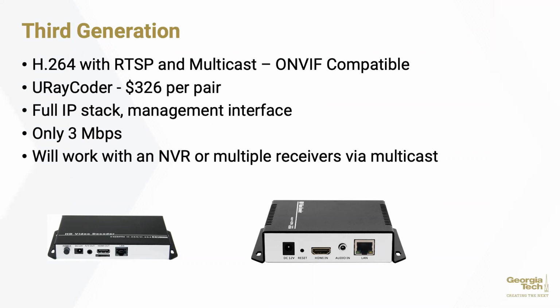You're looking at about $325 for a transmitter, which is now going to be called an encoder, and a decoder to receive on the other side. This is moving from that motion JPEG, which was 100 plus megabits per second, to an actual H.264 video stream. So you're only looking at 3 to 4 megabits per second here.